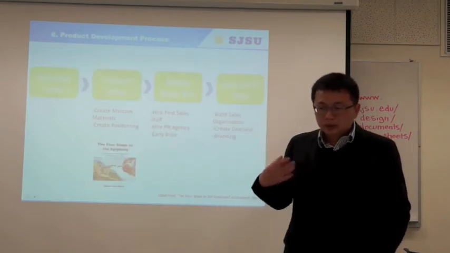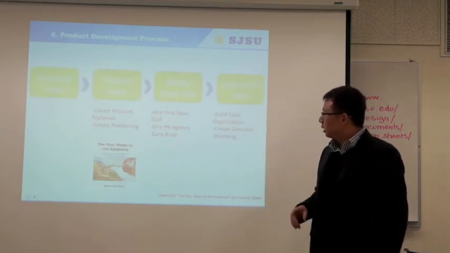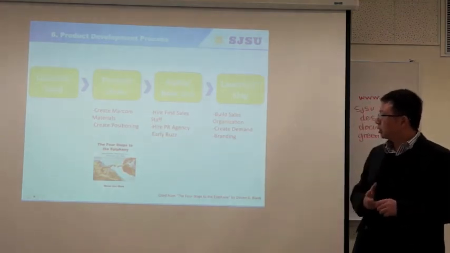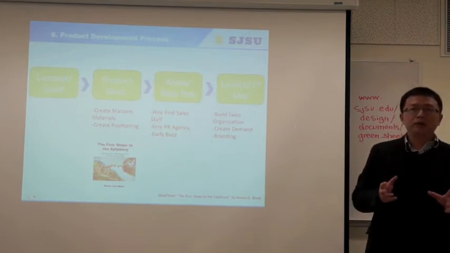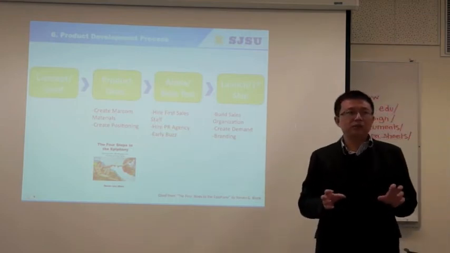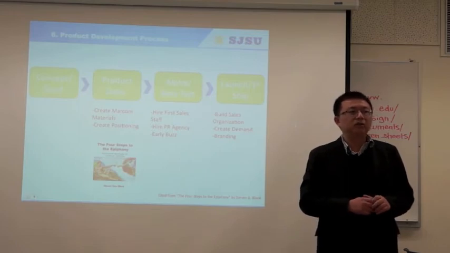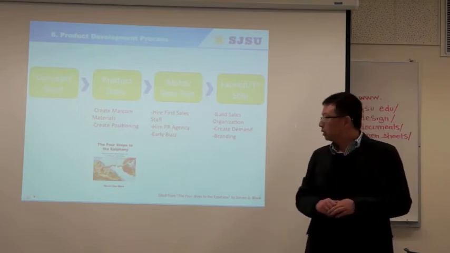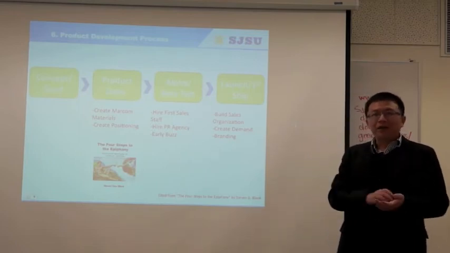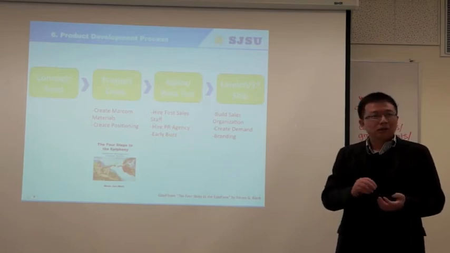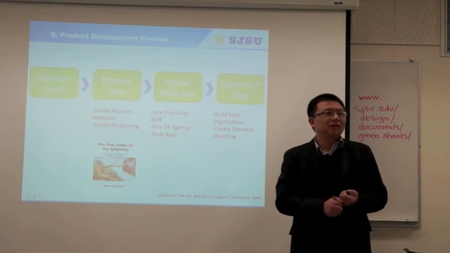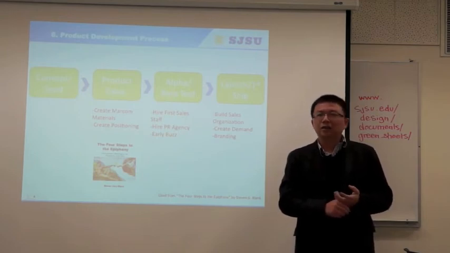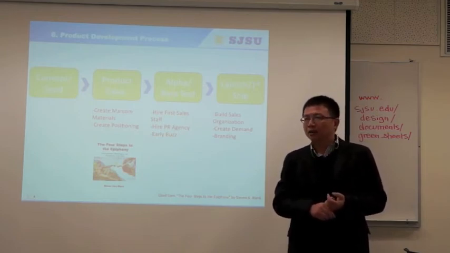On this book, if you are interested, maybe you can take a look: The Four Steps to the Epiphany. He talked about many failures of Silicon Valley companies and why they failed. He said they have an idea, write a business plan, get the funding, build a product, launch, and fail, because they didn't validate the customer or the market.